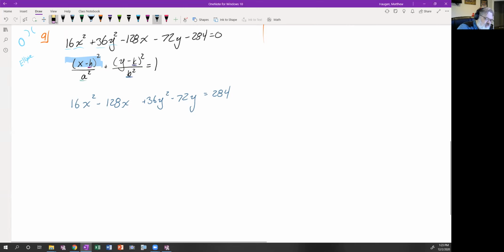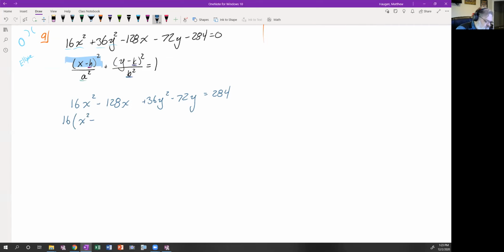So we factor out that 16. 16 times x squared minus, what happens when we divide 128 by 16? What is that? Is that 8?